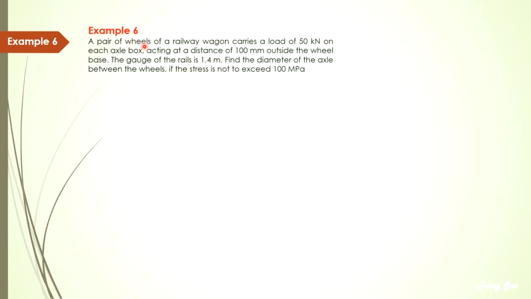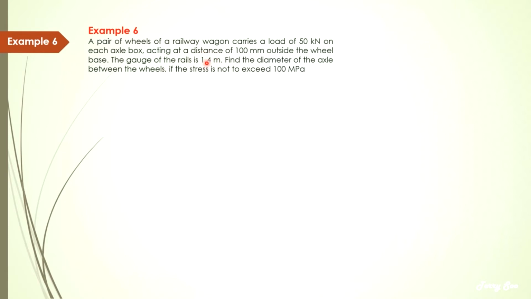A pair of wheels of a railway wagon carries a load of 50 kilonewton on each axle box, acting at a distance of 100 millimeter outside the wheel base. The gauge length of the rail is 1.4 meter.